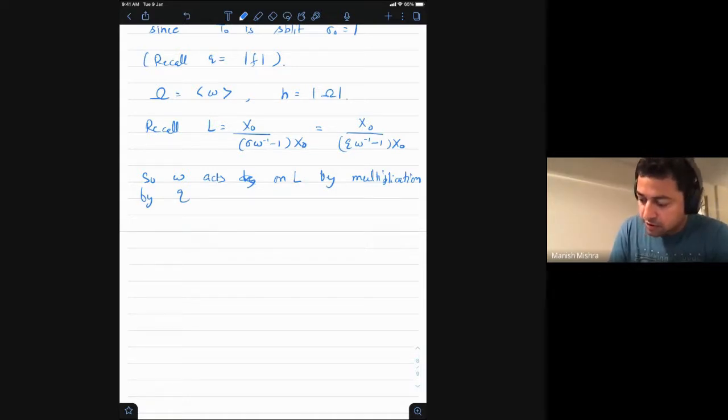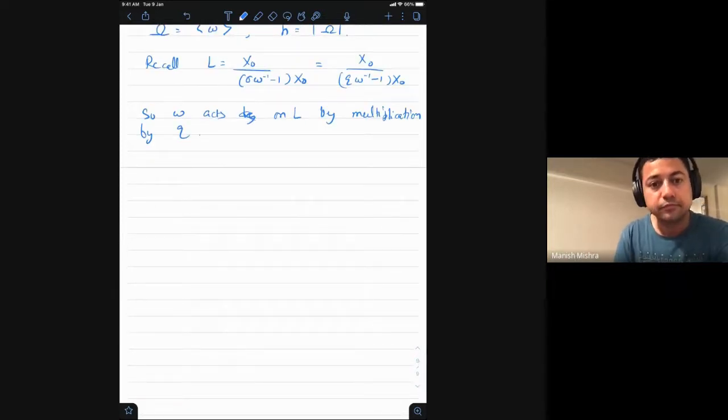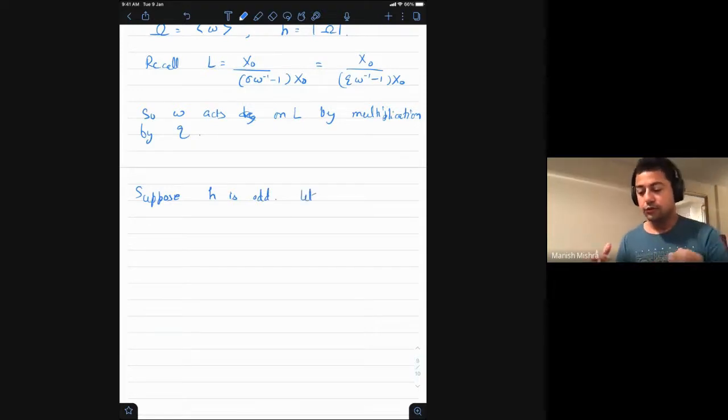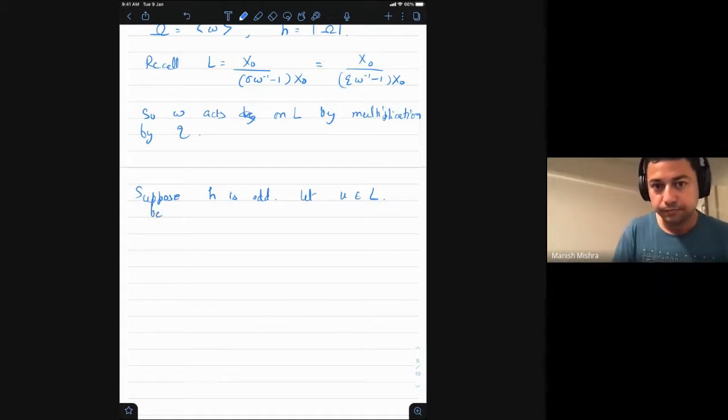So q omega inverse acts by 1, which is the same thing as saying that omega acts by q on L. Now suppose H is odd, and suppose that there is a conjugate self-dual element in L. So there is a conjugate self-dual character of the Coxeter torus.